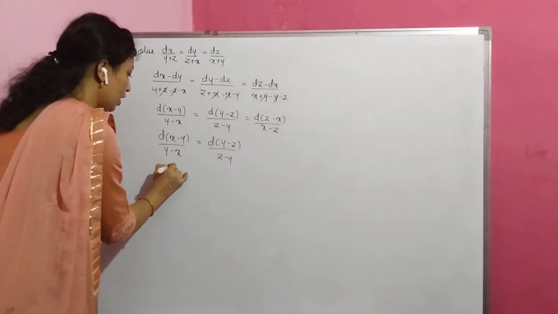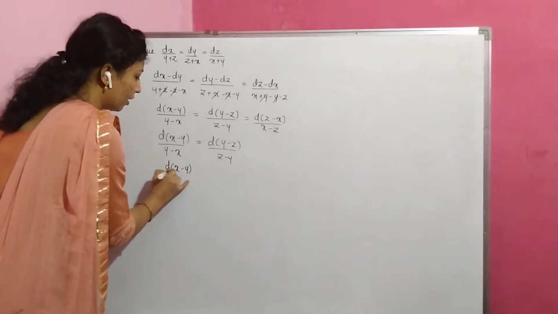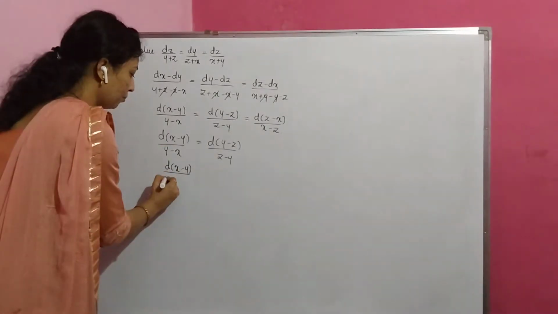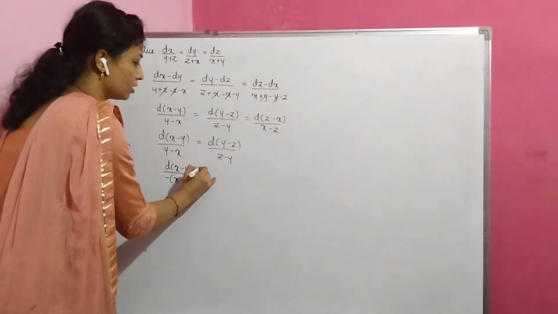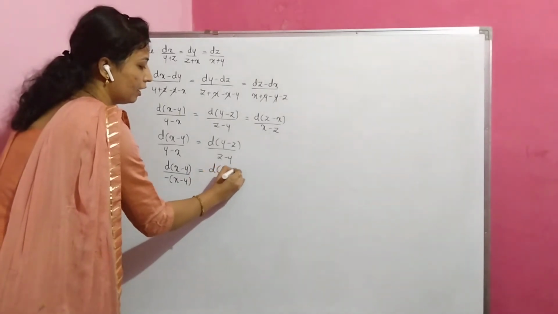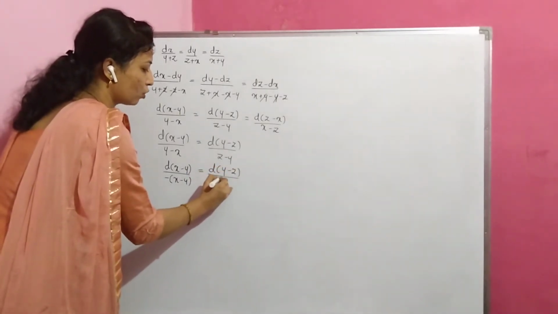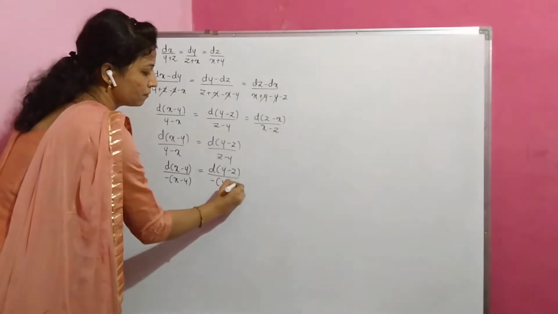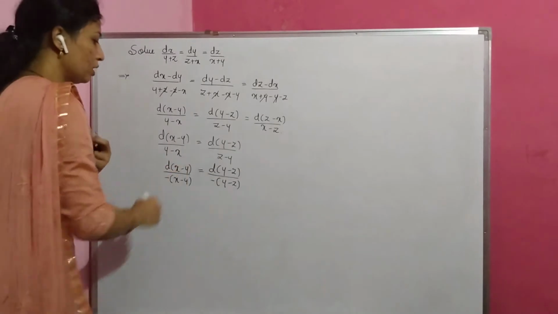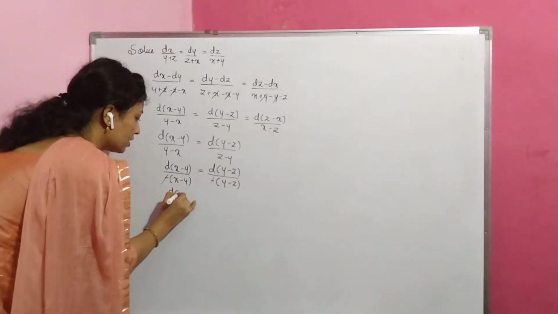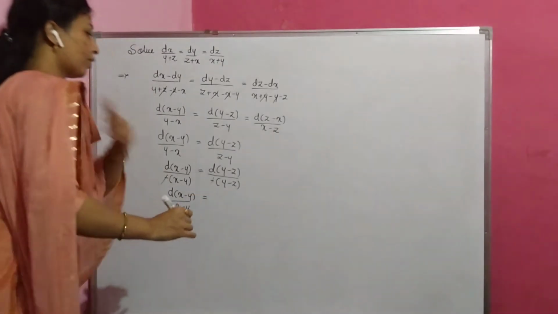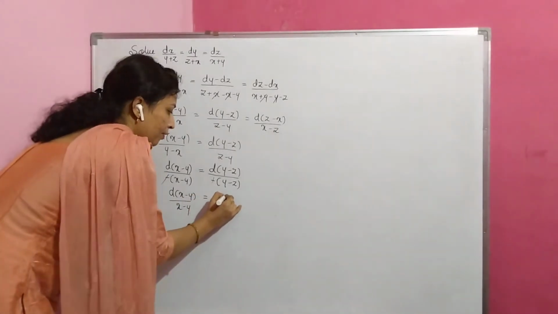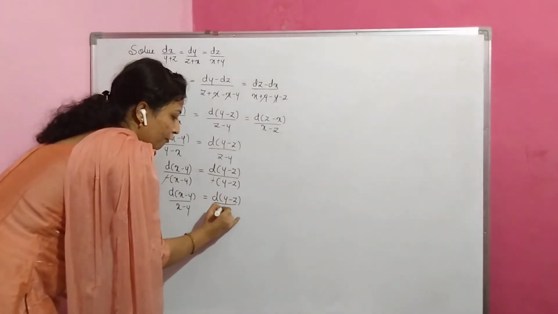So here we write d of x minus y divided by, this y minus x term can be written as, if I take the minus sign as common, then into the bracket we have x minus y, is equal to d of y minus z divided by, again here the minus sign is common, so it is y minus z. Now on both sides the negative sign gets cancelled, so the remaining term is d of x minus y divided by x minus y is equal to d of y minus z divided by y minus z.